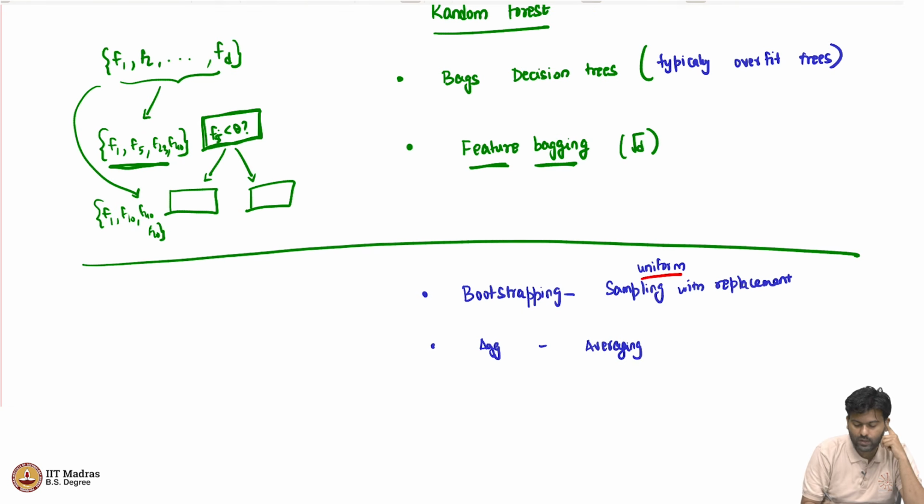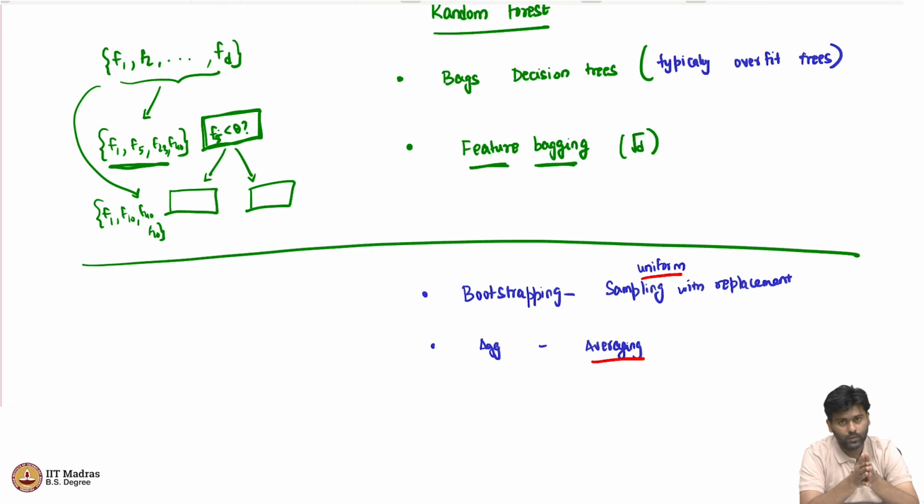Now, both of these are choices that we make to ensemble the classifiers. We decide to create these bags by uniformly sampling with replacement, and we decided to average with the understanding that averaging reduces variance. One might ask the question, are these the best things to do, or are there other ways to do something else, right? So, instead of doing uniform sampling, can we do some other more principled way of sampling with replacement, and instead of averaging, can we do something more principled to aggregate these classifiers?